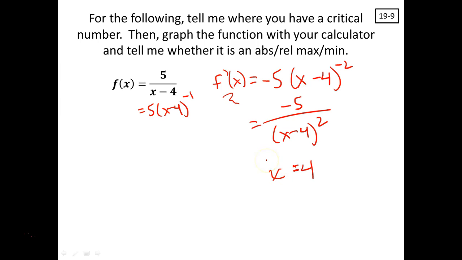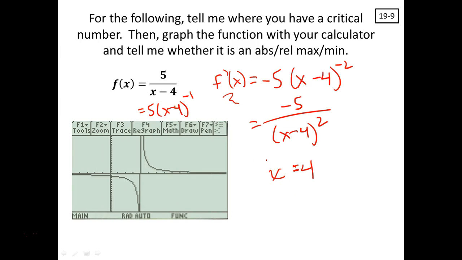Well, let's graph it, and I want to show you something. Notice at x equals 4 you will have a vertical asymptote. Why? Because at x equals 4 the function gives you a 0 in the denominator. So actually, f of 4 does not exist.